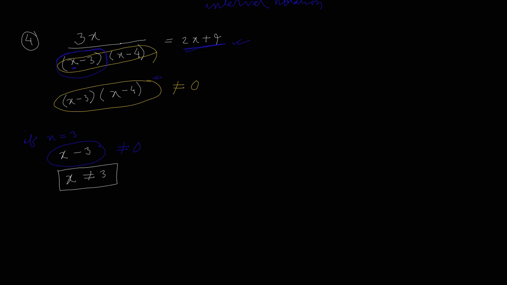Now let us look at the other portion. x minus 4 also cannot be equal to 0, so x cannot be equal to 4.